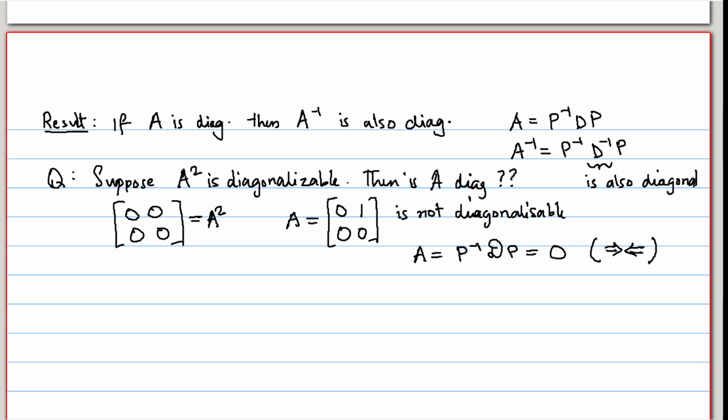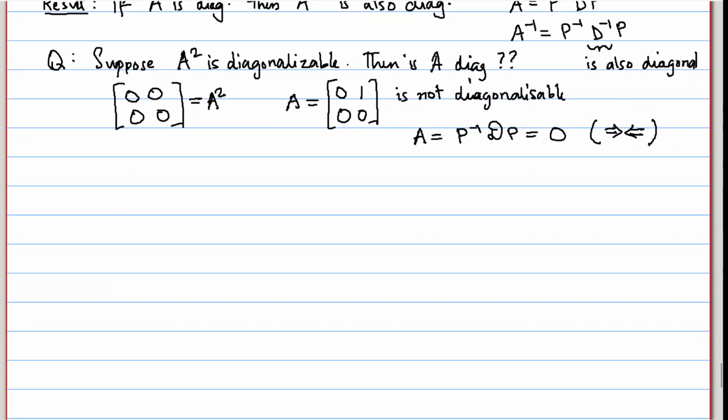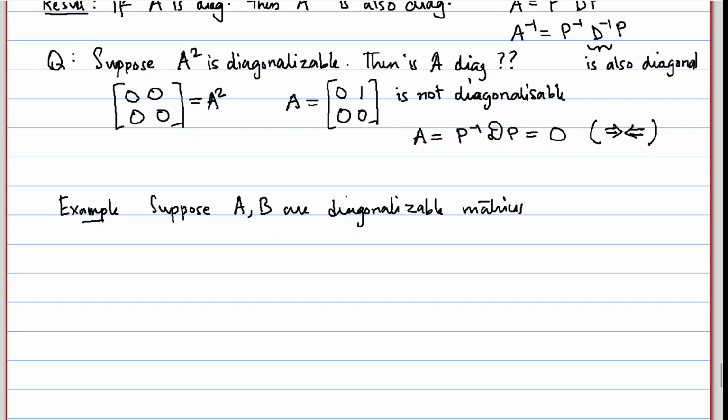Now what about... let's look at another example, right? Suppose A, B are diagonalizable matrices.